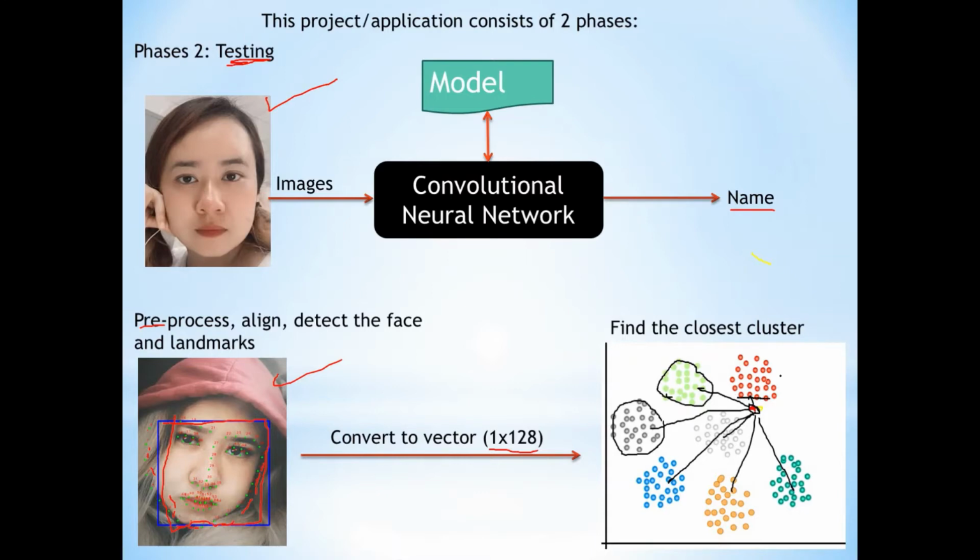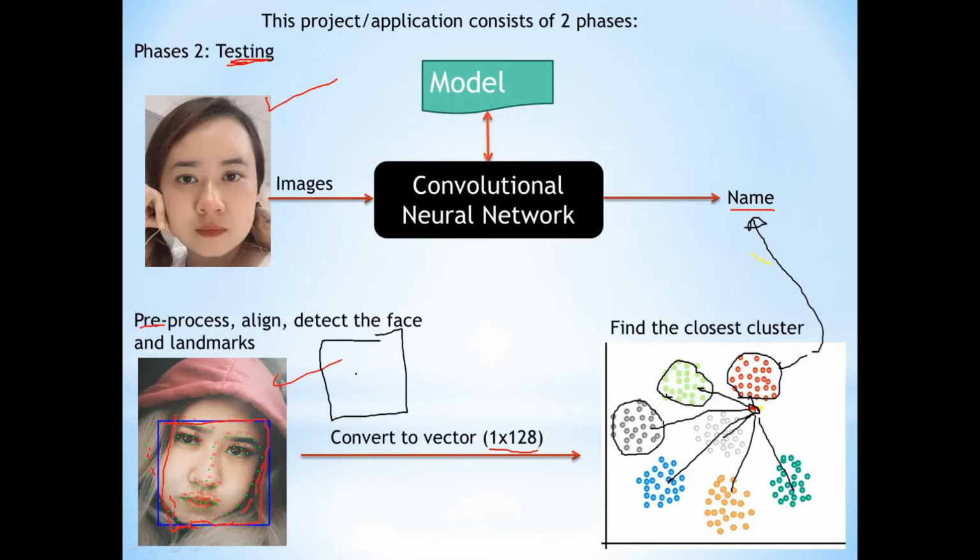For sure, this one is close to this person. Then from this person, we get the name and display it. Then we say, okay, this picture of person X is close to this celebrity, which is located here because it's close to it.